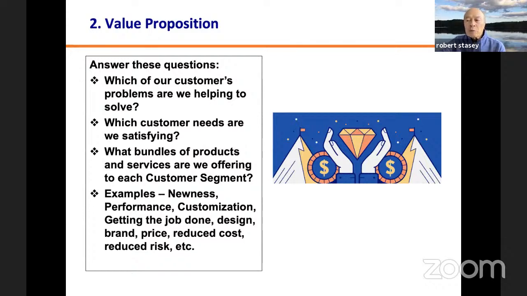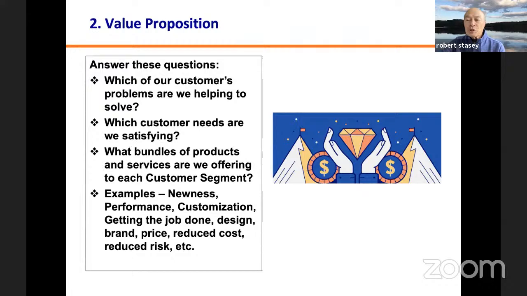And the value proposition provides value through various elements, such as newness, performance, customization, and getting the job done. Or perhaps it's an improved price point. Maybe there's risk reduction, and also convenience and usability would be various types.